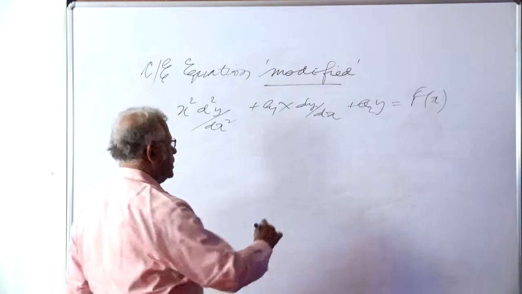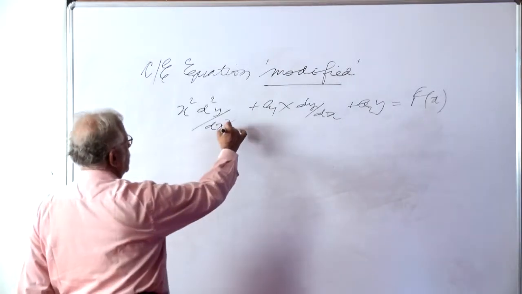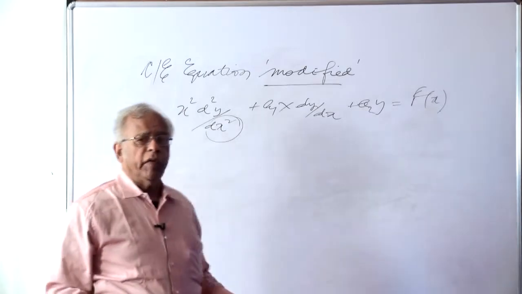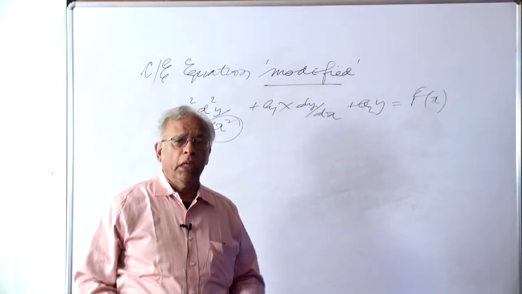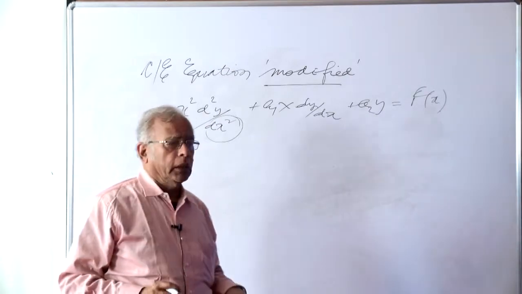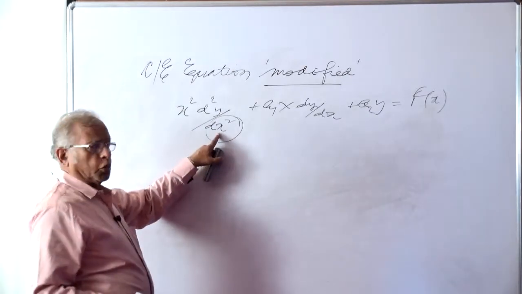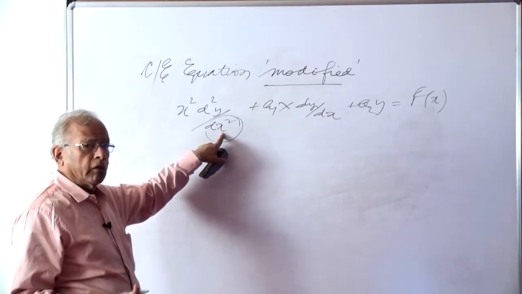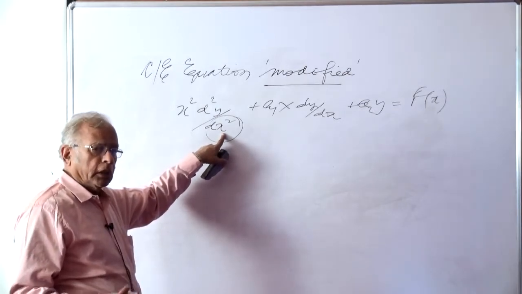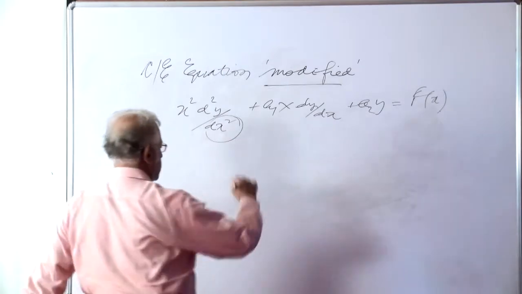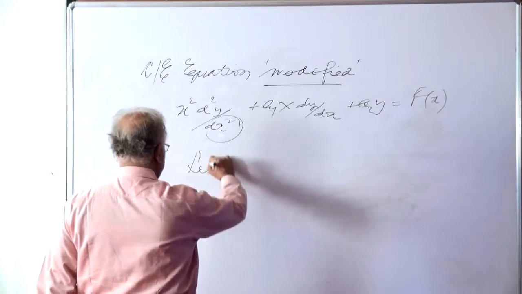We would like to convert this equation into one that does not involve x, but involves y again as the dependent variable, and we invoke through the substitution another new variable which we call z. Let us see what happens.